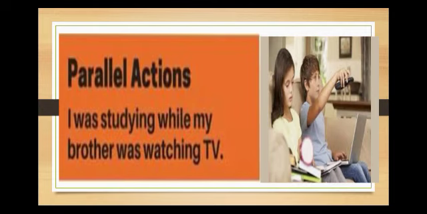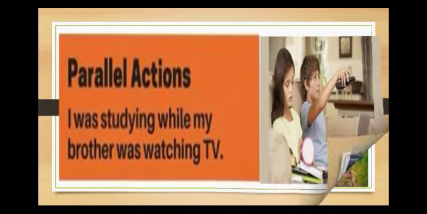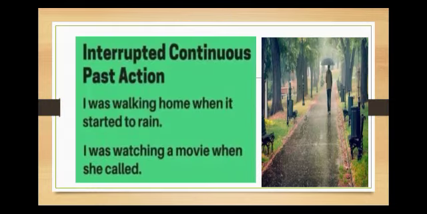So if we want to say this in the past, what were they doing? Then she'll say that I was studying while my brother was watching TV. I hope you have understood that. Now look, if you want to talk about interrupted continuous past actions, then also we use this tense.